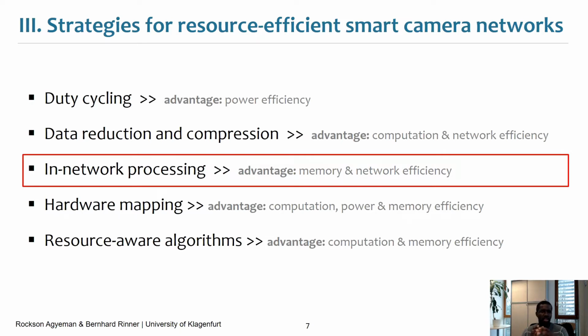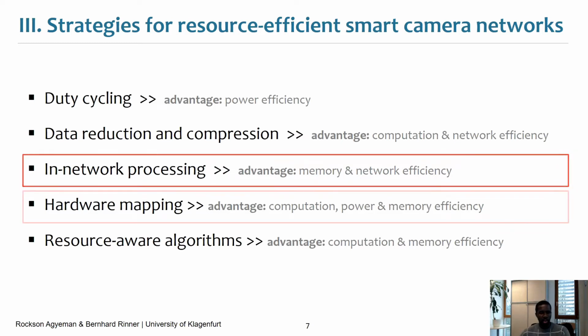The challenges usually associated with in-network processing include 1. How to distribute the processing efficiently, and 2. What type of abstracted data should be transmitted. Despite the seeming limitation, in-network processing promotes efficient memory and network utilization.